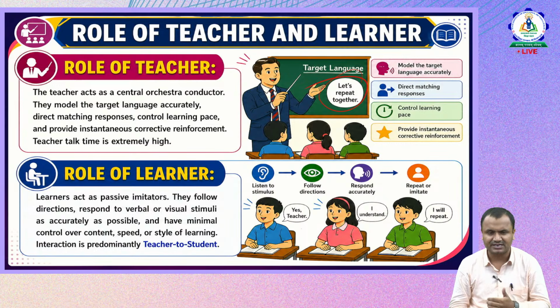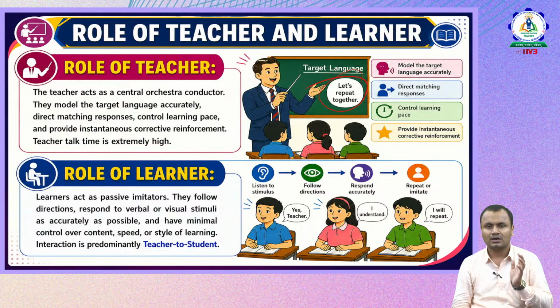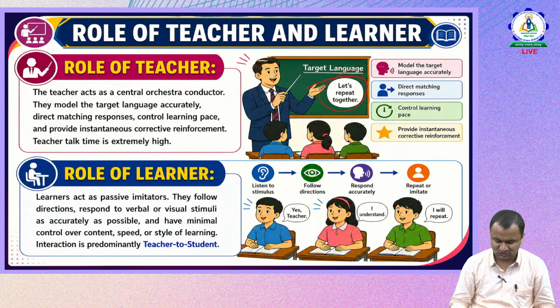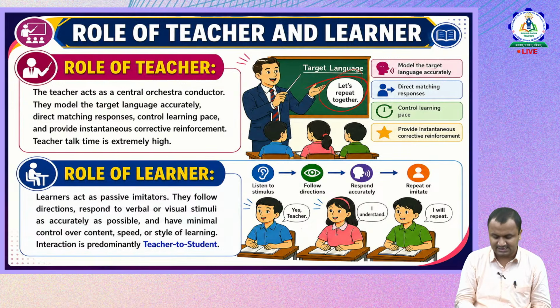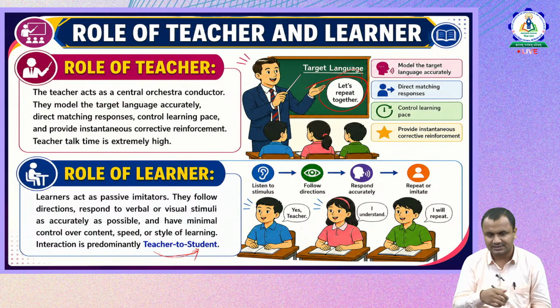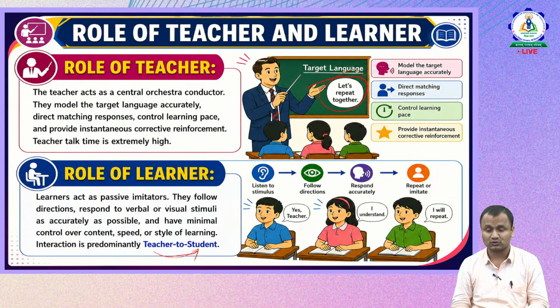Learners just repeat, learners just imitate, learners just respond to the instruction given by the teacher. So the direction of the teaching-learning process of the audio-lingual method is teacher to student, content to student, native speaker to student, not student to student.